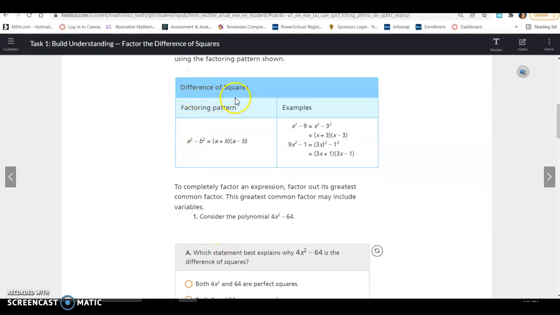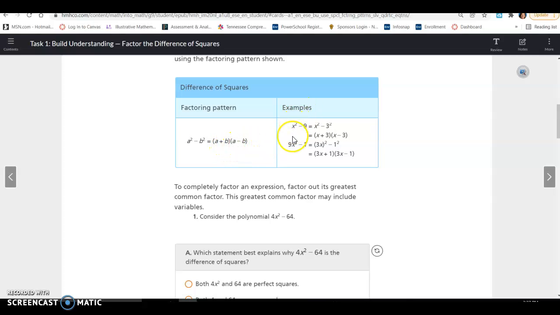It is called a difference of squares, and it's just because of the name, it's a perfect square minus a perfect square. So minus is your difference. Difference of squares directly comes from what you have. A difference of two perfect squares. So anytime you have that, you're going to have a plus b times a minus b.